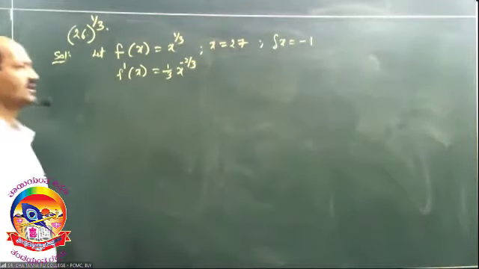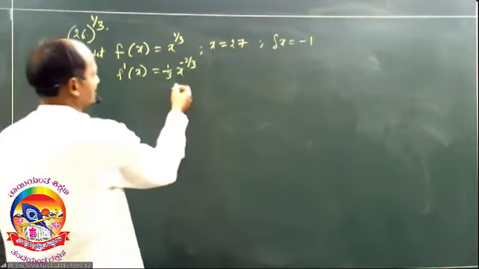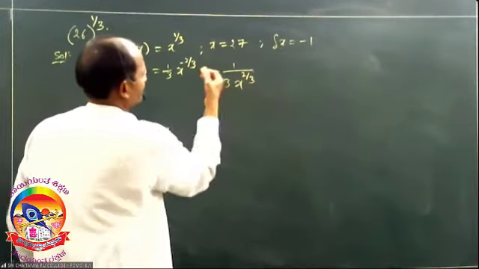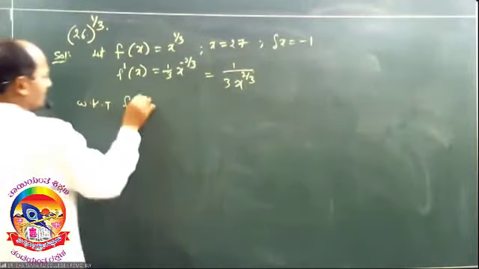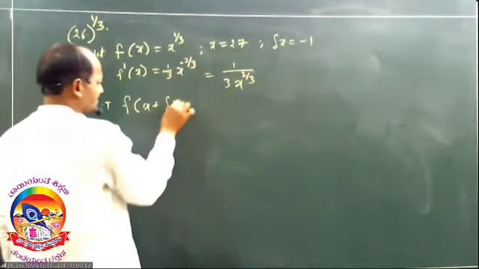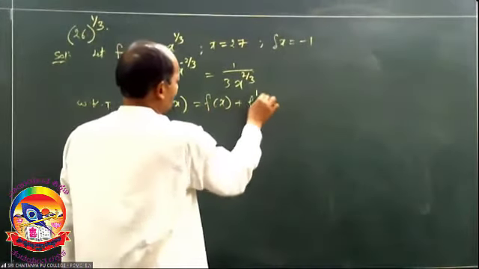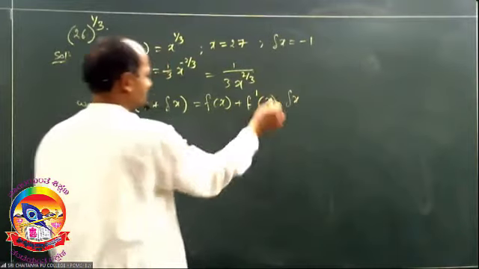Derivative of x power n formula, n x power n minus 1. So it is clearly 1 divided by 3 x power 2 by 3. So we know that f of x plus delta x is equal to f of x plus f dash of x into delta x. Okay?